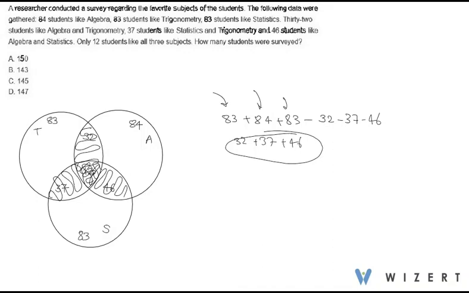So 12 has been subtracted one extra time because it's not been considered at all. In this, it was added 3 times, and in this, it was subtracted 3 times. But 12 has to be considered, so we'll have to add 12 here. Now the equation is balanced. This is equal to the total number of students who were surveyed. Let's clean this up.